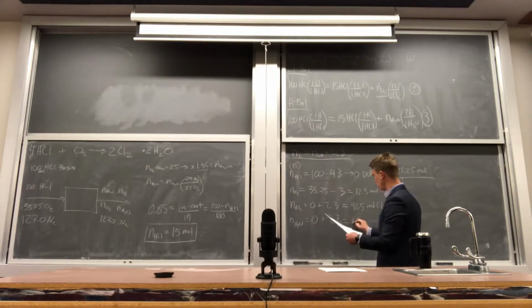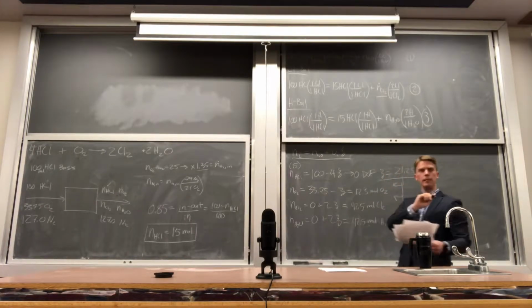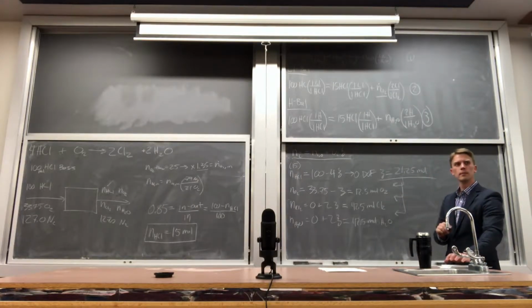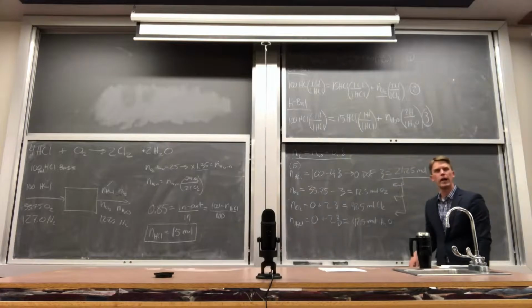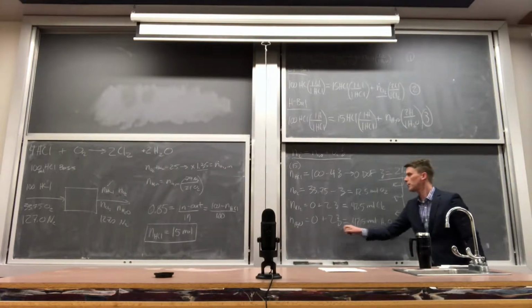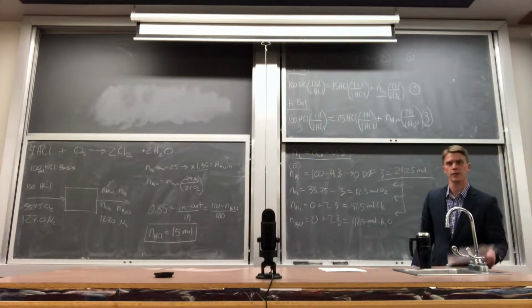And for water, we get 42.5 also. Oops, H2O. All right. And then the problem statement itself says calculate the mole fractions. Basically, you just add them all up. Don't forget about the nitrogen. And then you can calculate those values there.